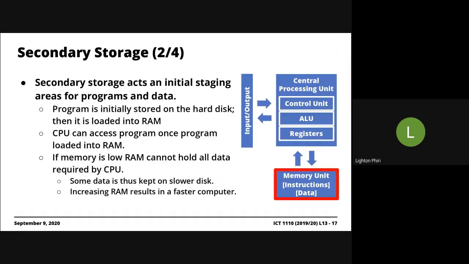Again, secondary storage is used as a staging area when you are launching applications for the first time, and we know the life cycle now. From secondary storage, once you execute the program, it's loaded into RAM, and then from RAM it takes a trip to the CPU. In the process, it passes through different memory components like the CPU cache, where it's cached in the event that you want to make reference to the same data.